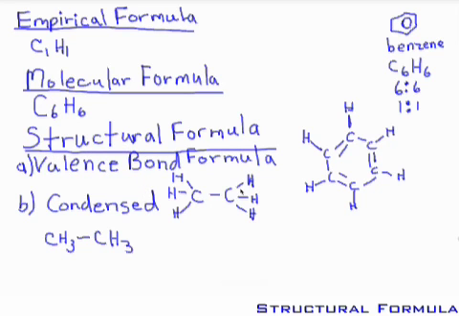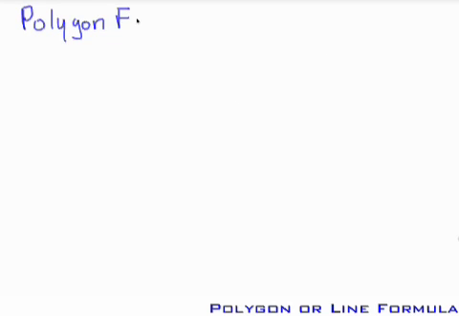But you notice that doesn't quite fit this formula I've drawn for benzene. What's going on there? There's a shorthand notation, if you like, which is referred to as the polygon formula. Now, if there is no polygon, and it's just lines, it's sometimes called a line formula. So the polygon or line formula.